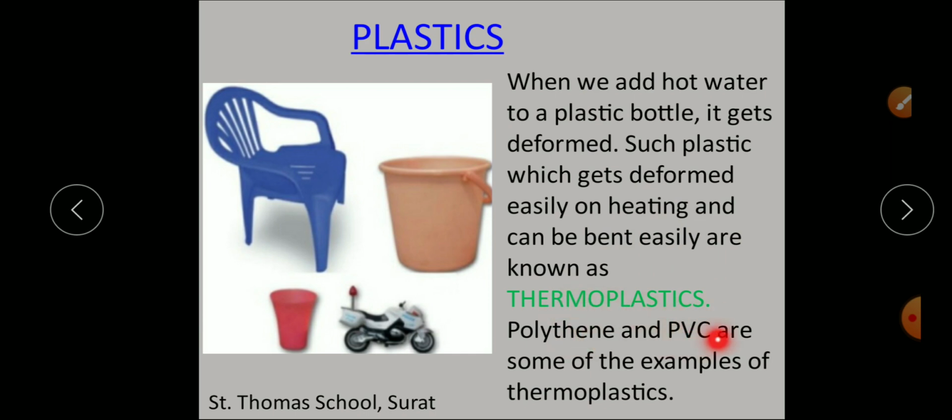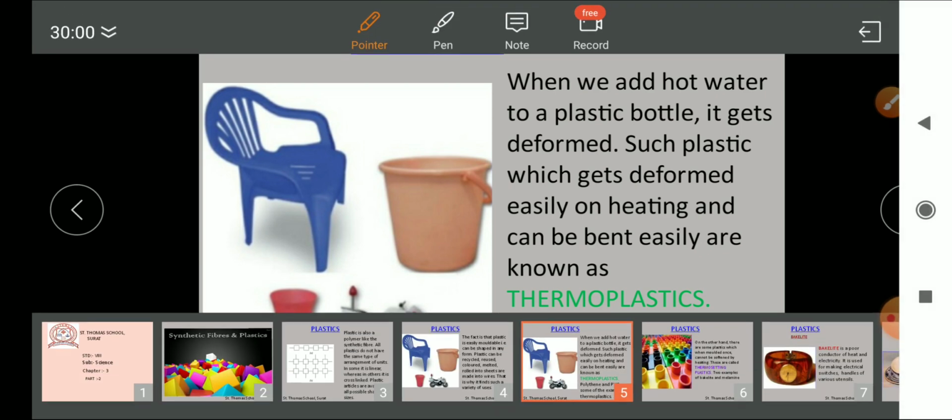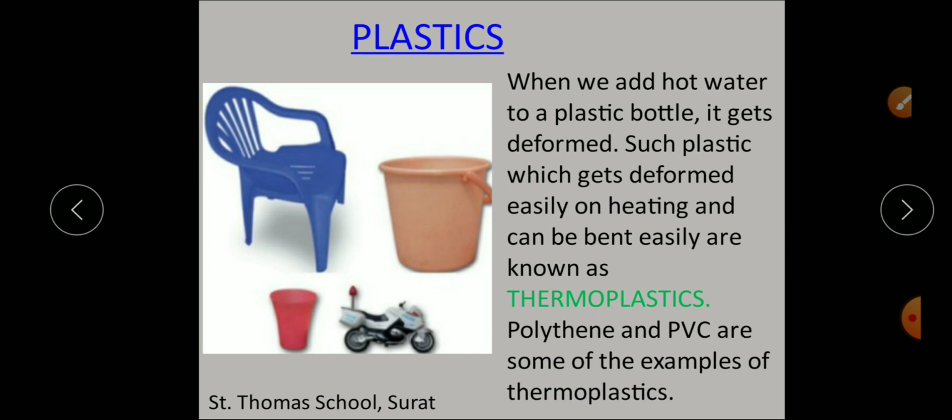Polythene and PVC are some examples of thermoplastics. So students, these plastics, when exposed to heat, melt and can be bent and remolded easily. They can be molded into different shapes again and again.